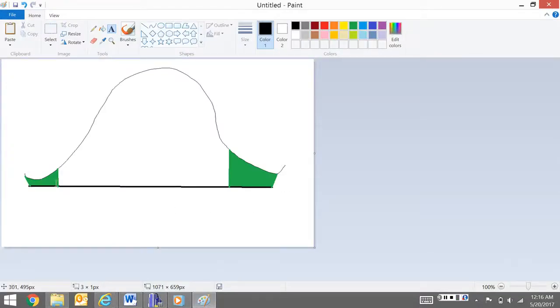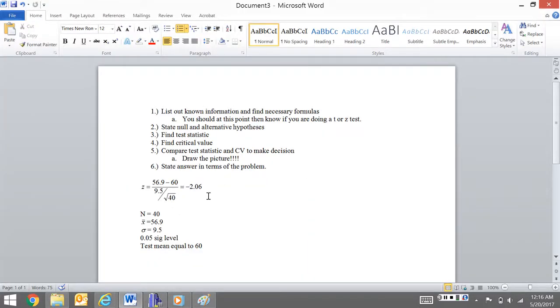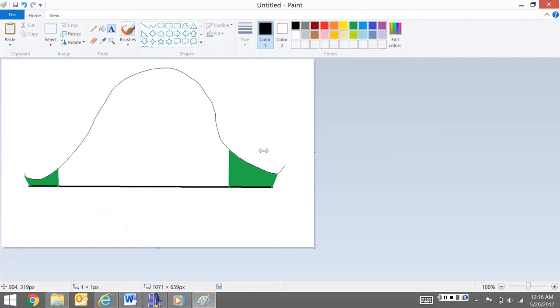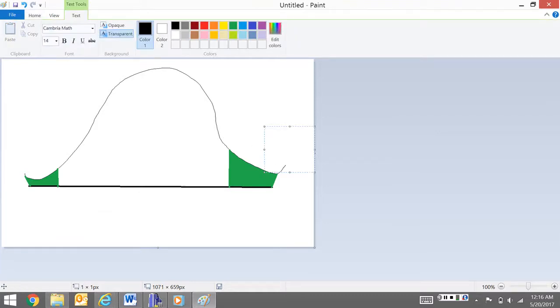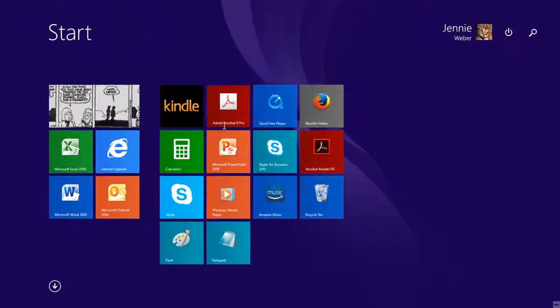So I have the picture written here, and I need to find out what these values are, what's going to make my green rejection areas. So my significance level was 0.05. I have two tails. That means how much is in each? Well, divide 0.05 by 2, 0.025. I then looked this up on the Z table, which I forgot to open.